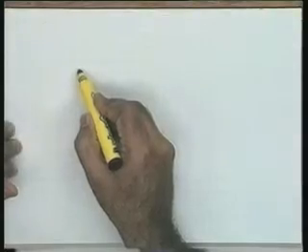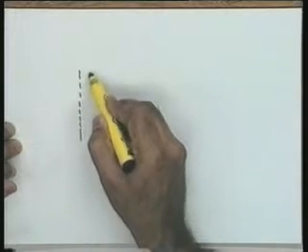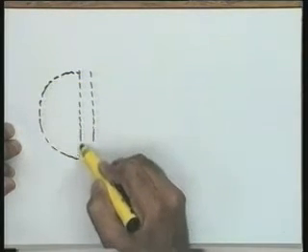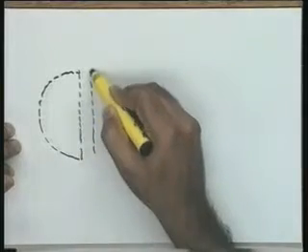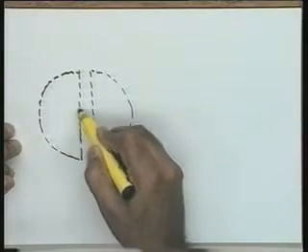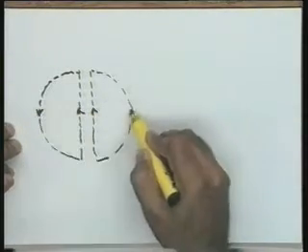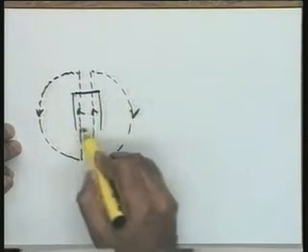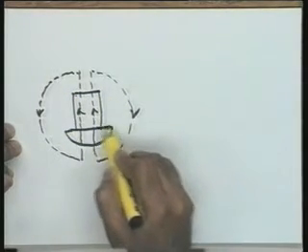For that, I would like you to refer to the synchro transmitter construction and working. In the case of a synchro transmitter, let me say that this is the flux pattern, and I take the transmitter in what is called the null position.